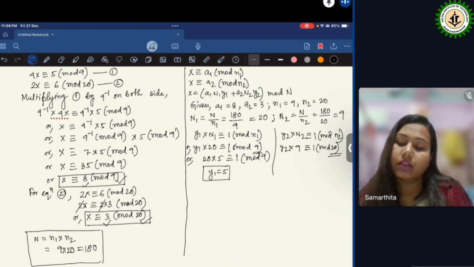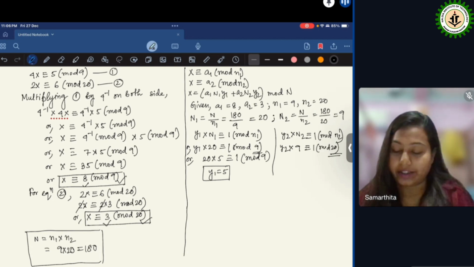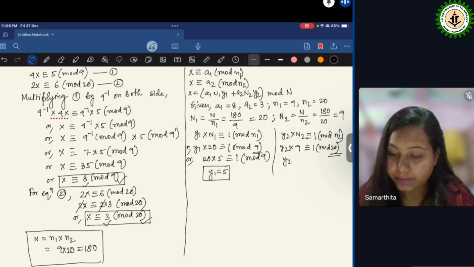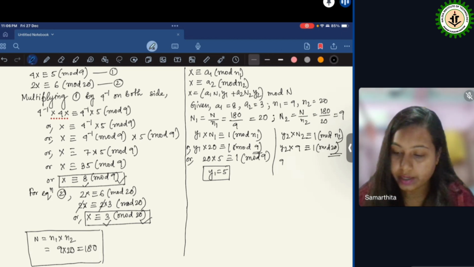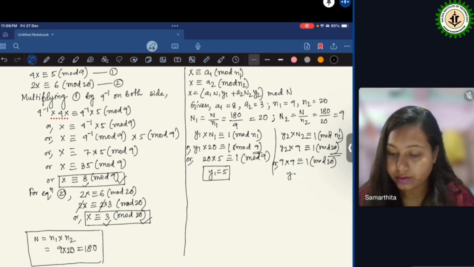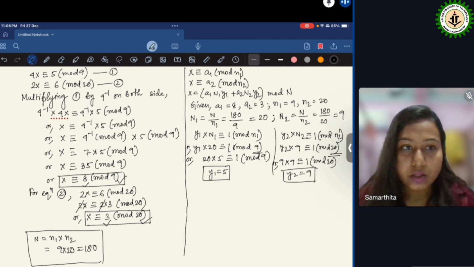So 9 into 9 is 81, and 81 divided by 20, 80, and the remainder is 1. So 9 into 9 is congruent to 1 mod 20. Okay, so here y2 equals 9, means our formula is, we will stop when we get the remainder as 1. So all the values to calculate x, I think all done.